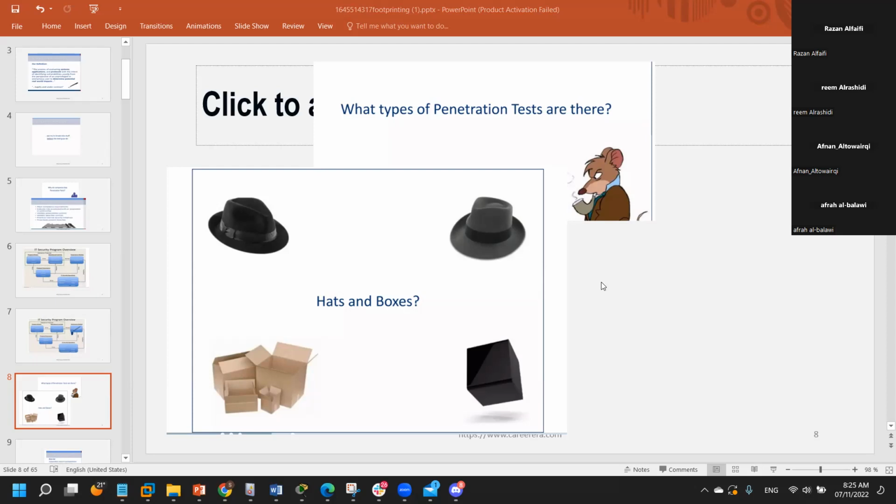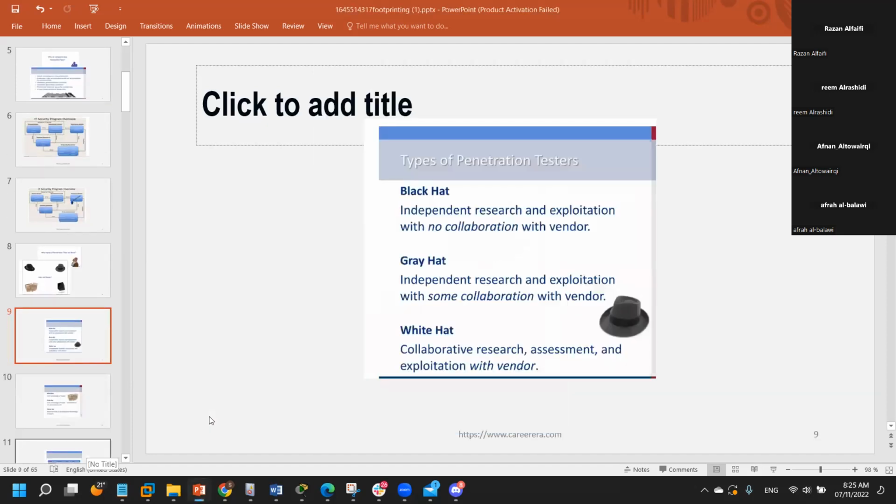The good guys, the ethical hackers, we call white hat. It's someone who tries to penetrate your system, and once he manages to, he will share the knowledge with you so you can fix the system before someone can do harm. The gray hat is one in between. Sometimes he shares the information, and sometimes he prefers to sell it.